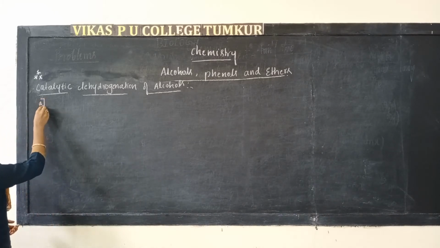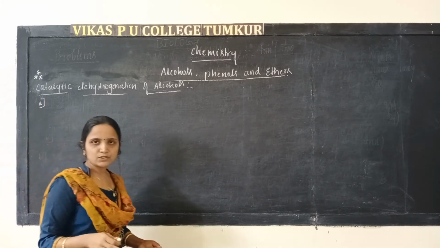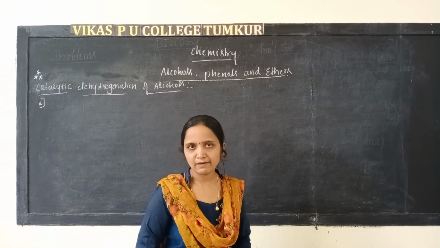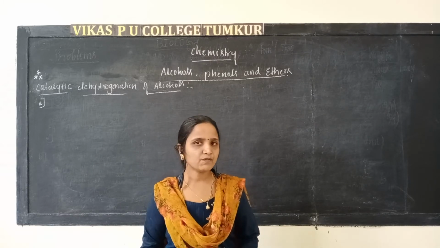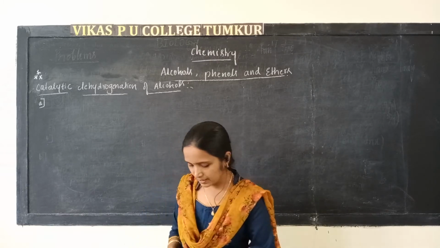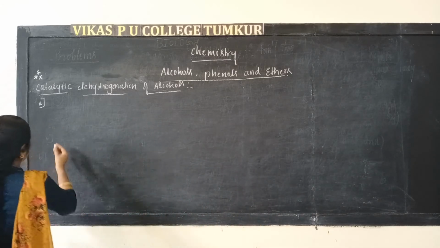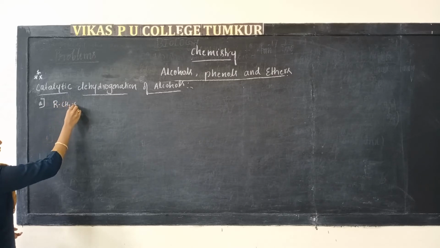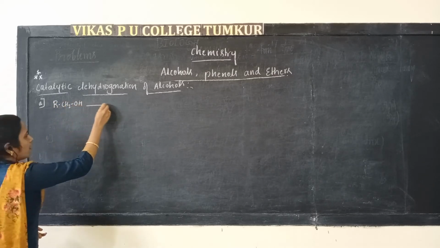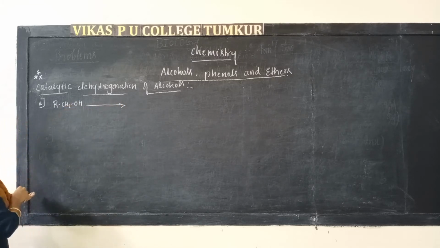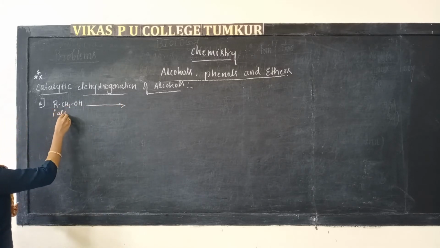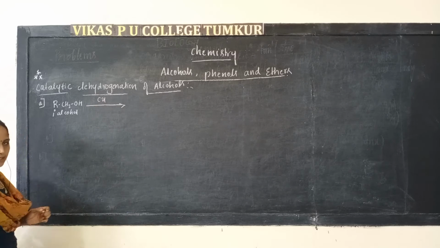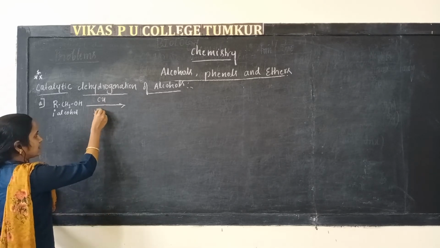Primary alcohol vapors are passed through red hot copper at 573 Kelvin, and the aldehyde is formed. The reaction is written generally with the primary alcohol represented as RCH2OH. These vapors of the primary alcohol are passed through red hot copper at 573 Kelvin.